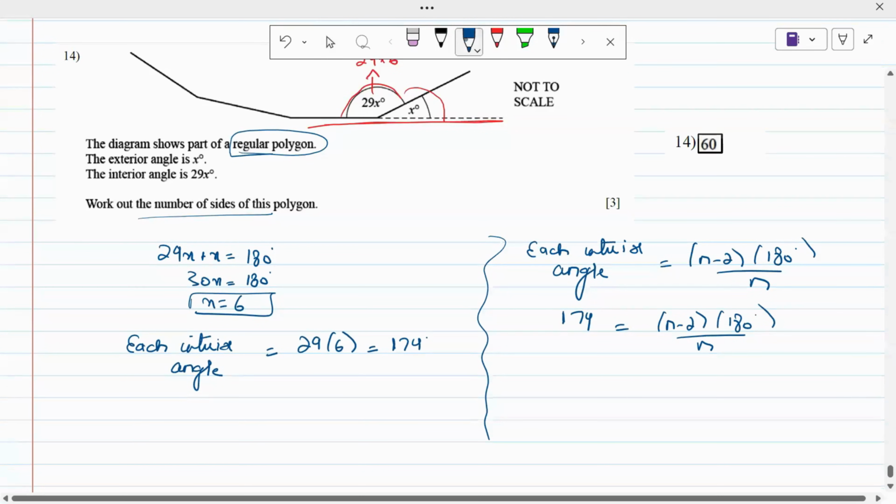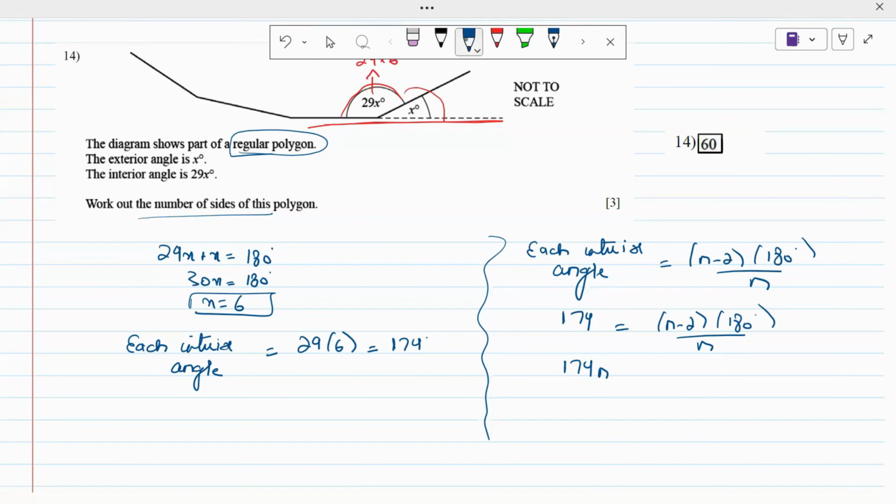So it would be 174 into n, that is 174n, equals 180n minus 360. So it would be 180n minus 174n is equal to 360.